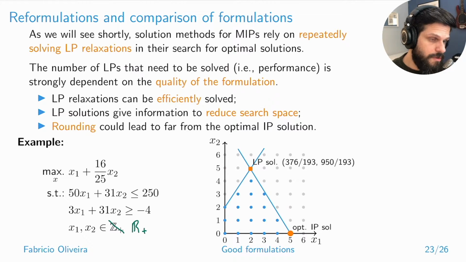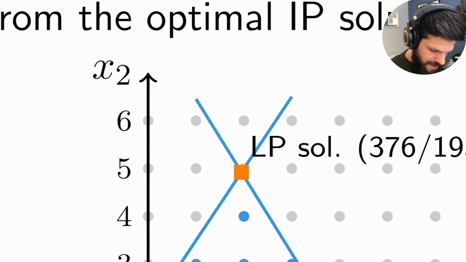So your first instinct could be to take this point and perhaps round up to 5. So the coordinate x1, you could round up to 5 or round down to 4. If you round up, you can almost see that the point is not exactly in the feasible region, so it's not a feasible point.